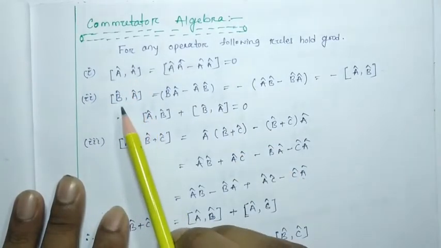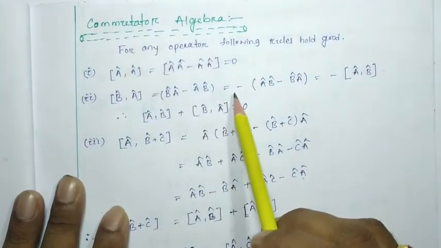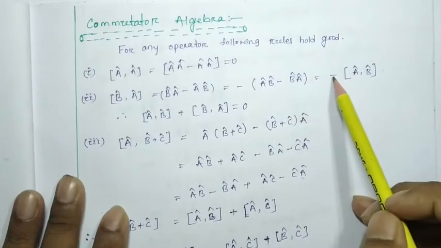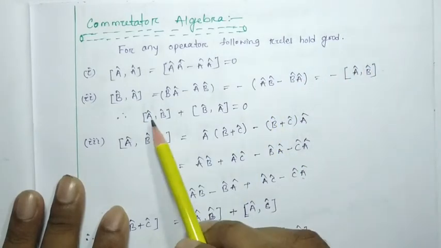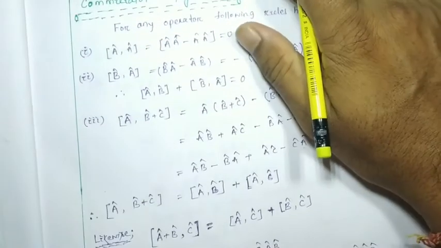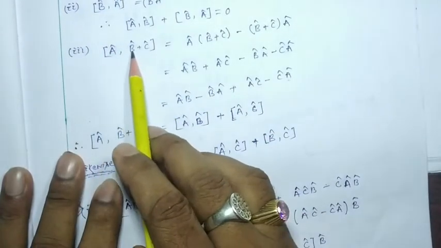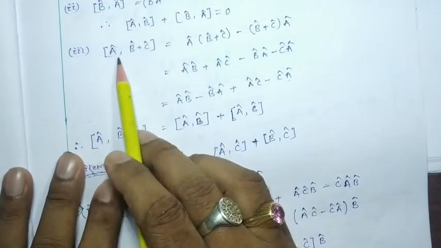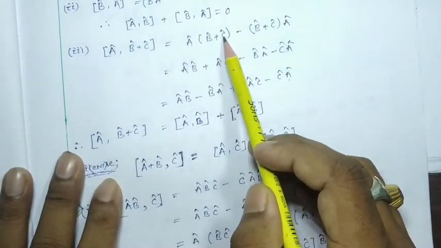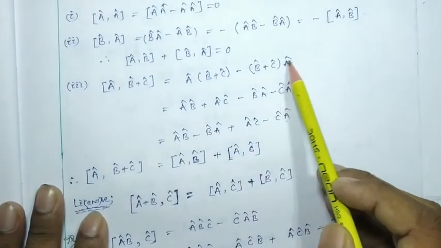So [B cap, A cap] will be B cap A cap minus A cap B cap, or if I take the minus, it will be A cap B cap minus B cap A cap, which will be equal to minus [A cap, B cap]. That means [A cap, B cap] plus [B cap, A cap] will be equal to 0. And [A cap, B cap plus C cap] will be A cap times B cap plus C cap minus B cap plus C cap times A cap.